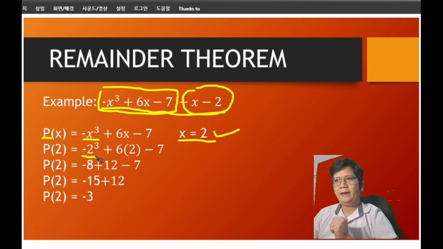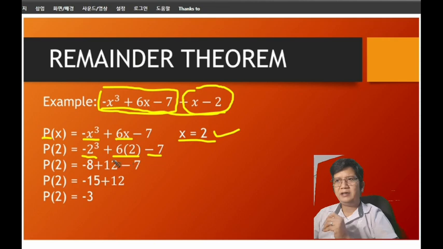Okay? And then yung 6x natin na positive is now 6 times positive 2. And we also have this negative 7 as part of our equation.